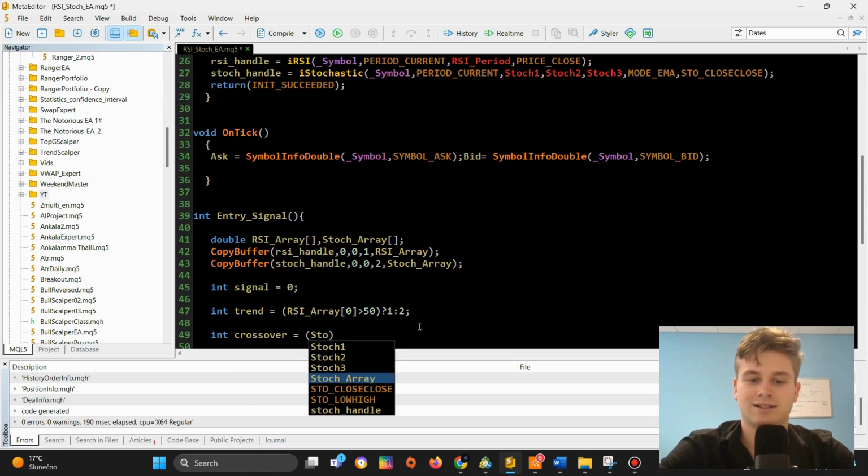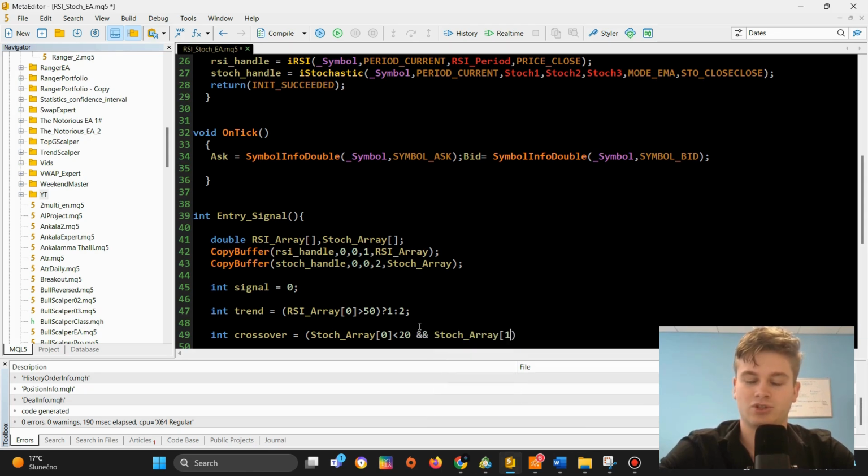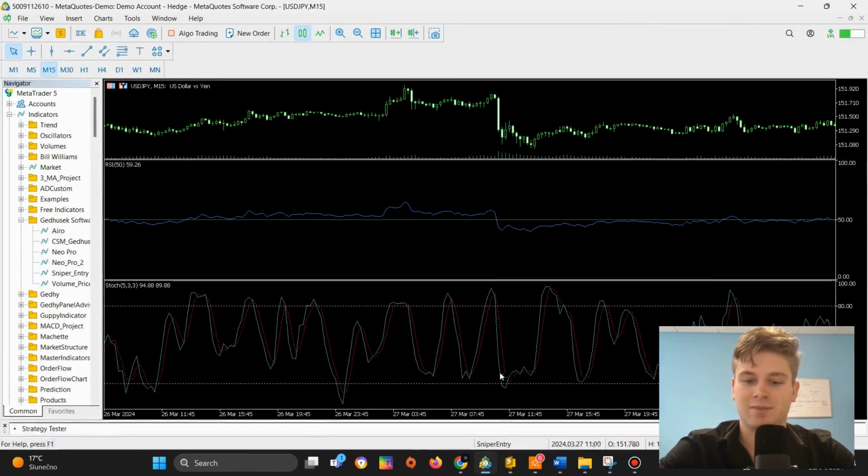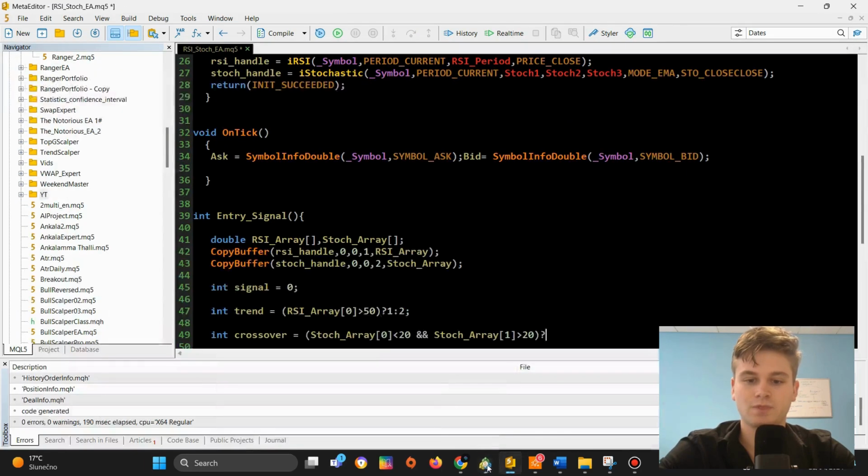If the stochastic array at position 0, so this is the previous value, is below 20, and the stochastic array at position 1, so this is the latest stochastic value, is higher than 20, then there's a crossover to the buy side. So that's for buying positions. So let's assign it a value of 1.